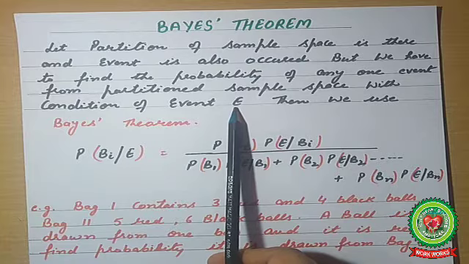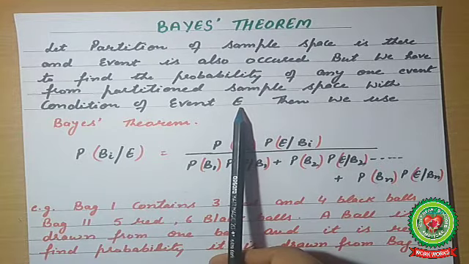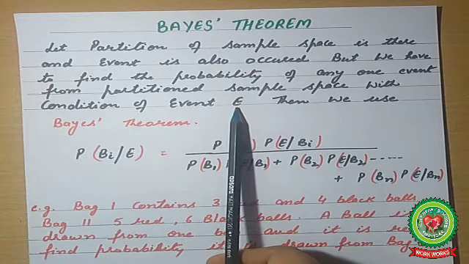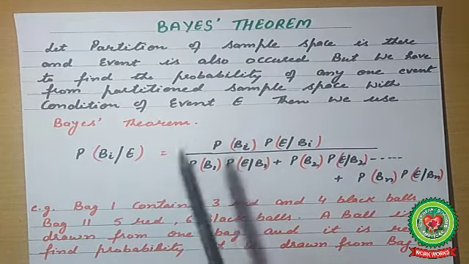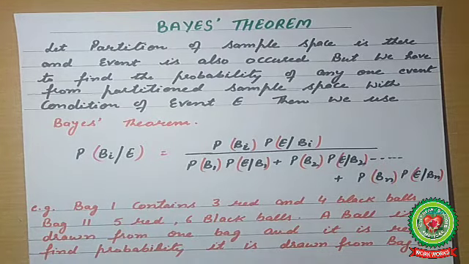Now, the difference between the Bayes theorem and the total probability theorem is that in the total probability theorem, we have to find out only the probability of the given event, and the partition cases are totally different there.